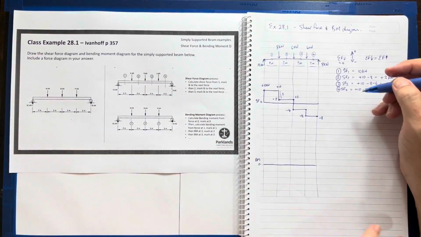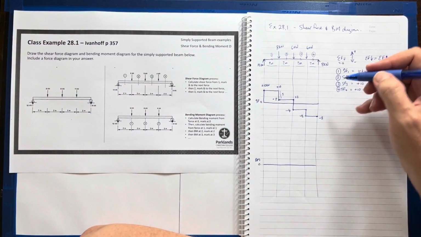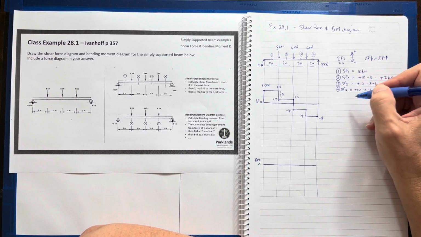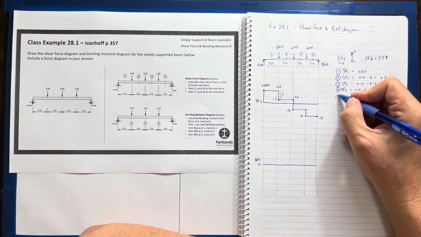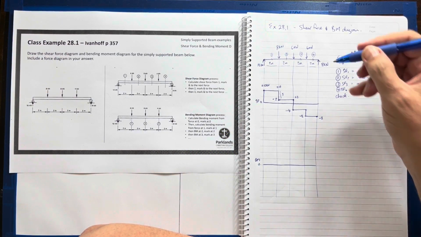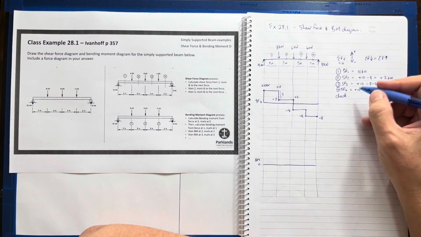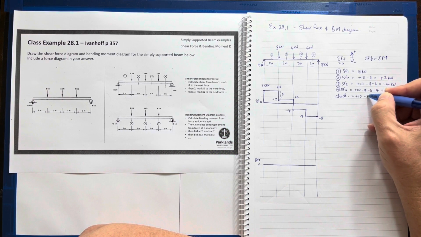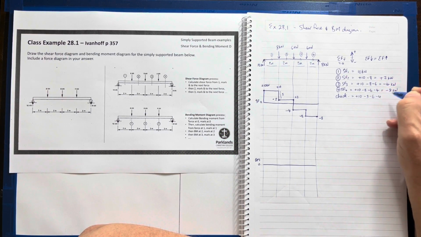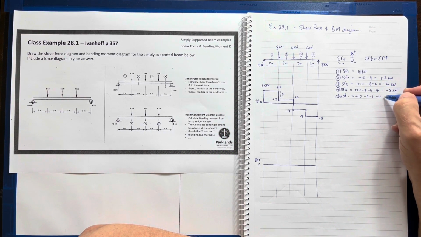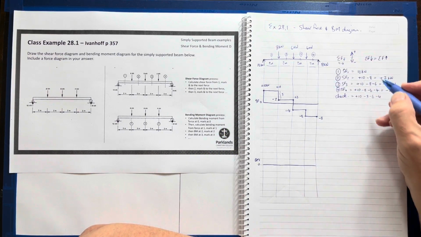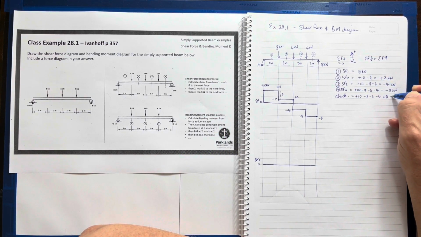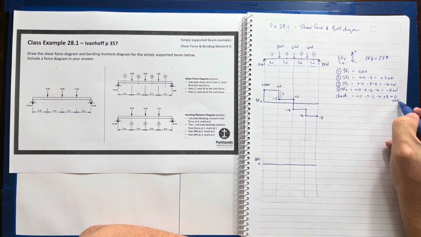So to maintain a balance, I double check it. I don't have a point 5, but I work it out. I just call this a check, as if I go to the end point here. That's going to be plus 10, minus 8, minus 6, minus 4, which we know ends up becoming minus 8. But I have an upwards force on my right being plus 8, which gives 0.